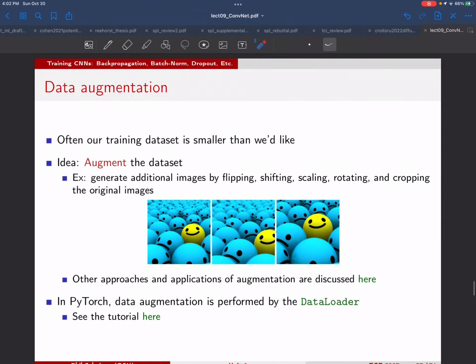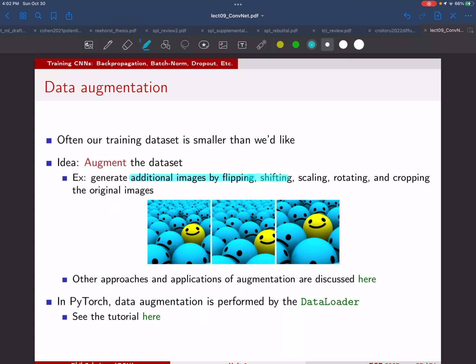One last trick that is used quite a bit is called data augmentation. This is an artificial way of increasing the size of a data set. It's almost always the case that you wish you had more data than you do have. Sometimes you know about certain symmetries in the data set. For example, with images, you might know that you could flip the image and it still looks more or less like the same kind of image.